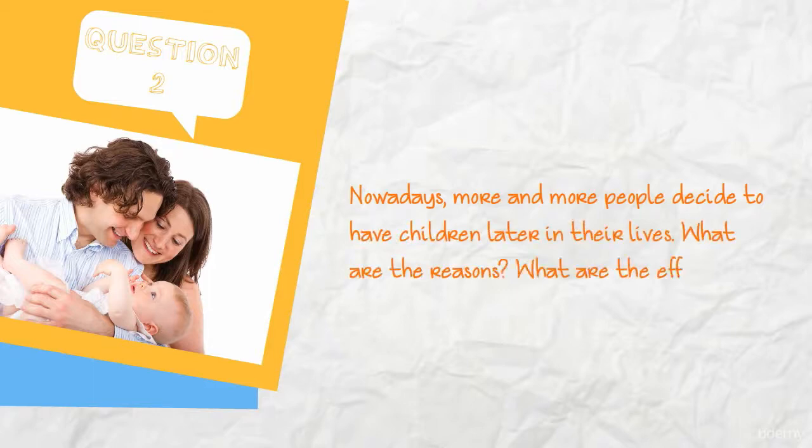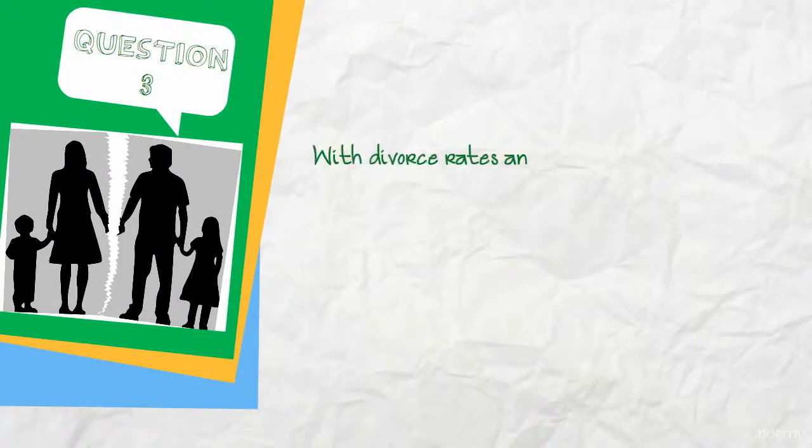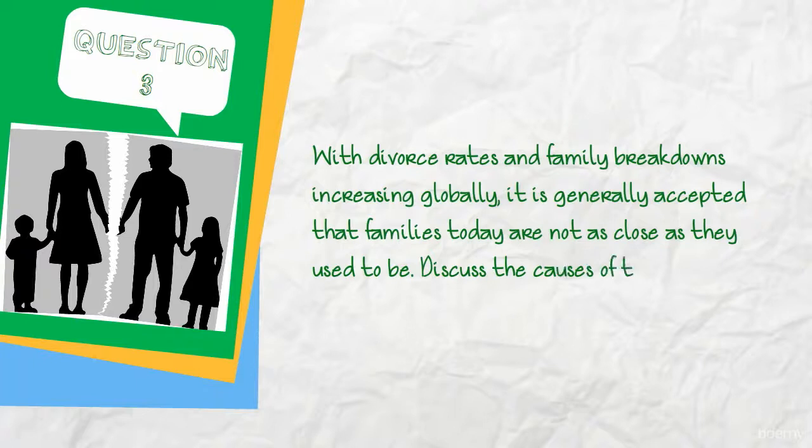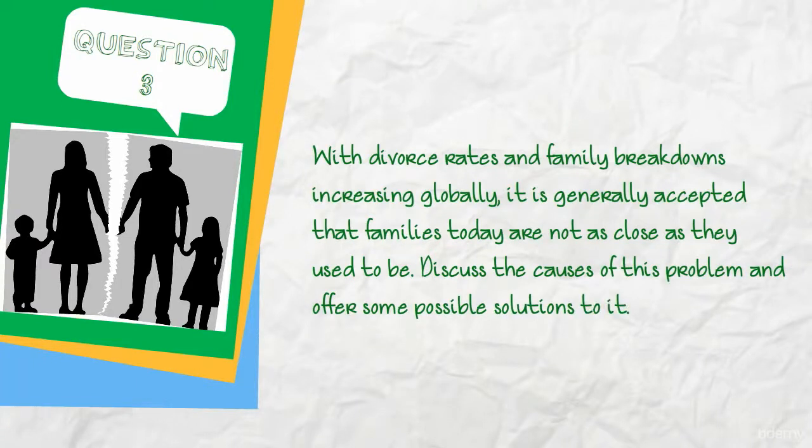What are the effects on society and family lives? Question 3. With divorce rates and family breakdowns increasing globally, it is generally accepted that families today are not as close as they used to be. Discuss the causes of this problem and offer some possible solutions to it.